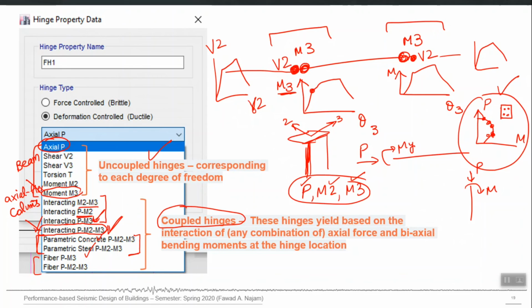For example, let me give you one example and then we can end. We know that there is another kind of interaction called flexural shear interaction. When there is a flexural nonlinearity, when the beam bends and it cracks, the shear capacity of that beam reduces, right?